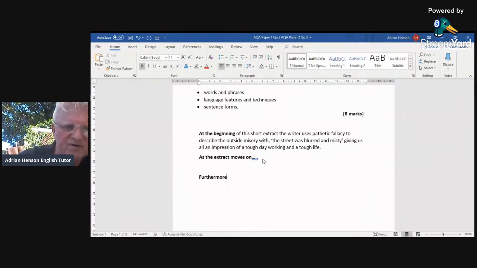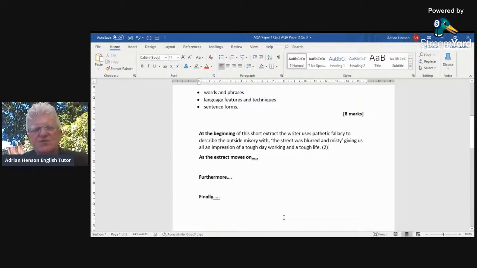So we're going chronologically. Just do that chronologically through, and then you put finally. The idea is if you do 4 paragraphs, we're trying to get 2 marks, aren't we? So the way you get it is to identify the language feature, technique, word, phrase, explain how it works and what the impact is. So there's 3 things to do.